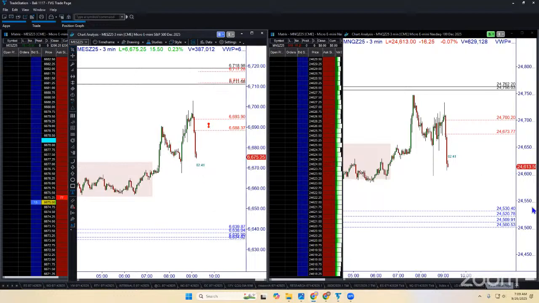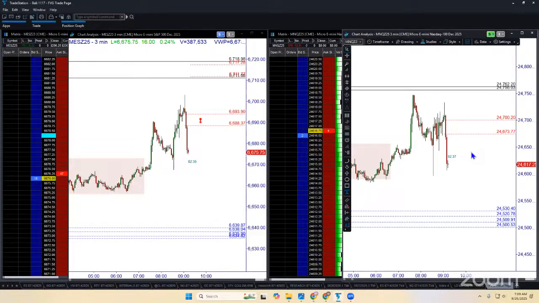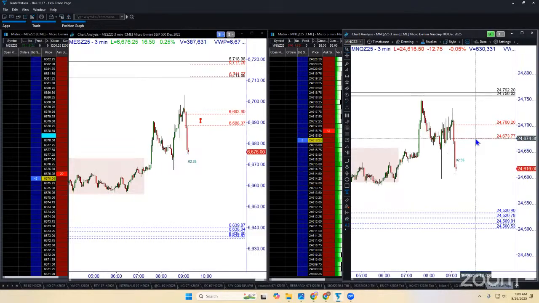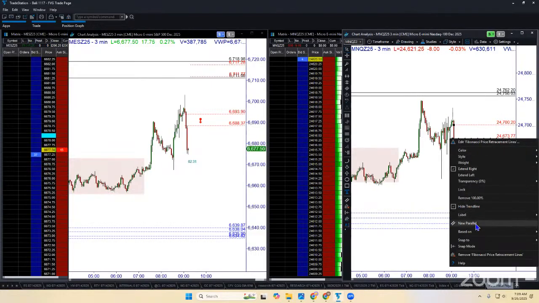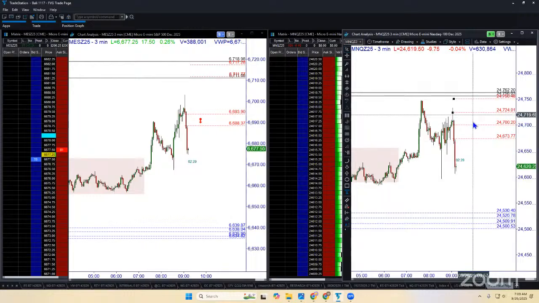Now remember, what we started off with today was recognizing we're an inside day, and we recognize that things could be a little choppy, and we also look for the gap fill.